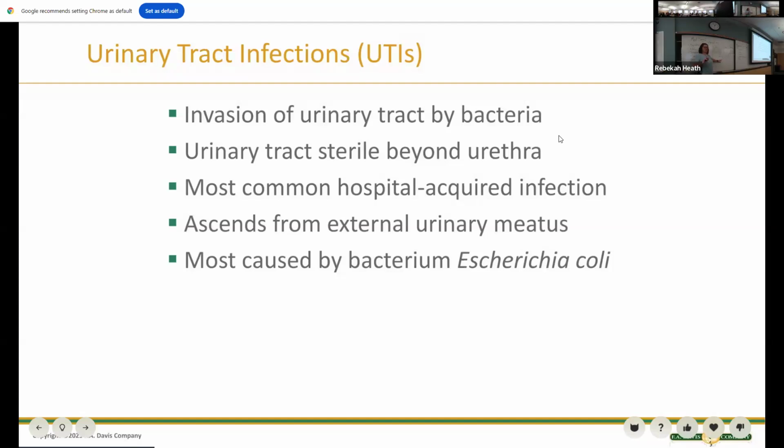They move around, climb up into the bladder, and cause infection. Usually it's caused by E. coli. Where is E. coli usually found? Yeah, in poop, right? In stool. So that makes sense why people who are incontinent of stool would be more likely to get an E. coli infection.